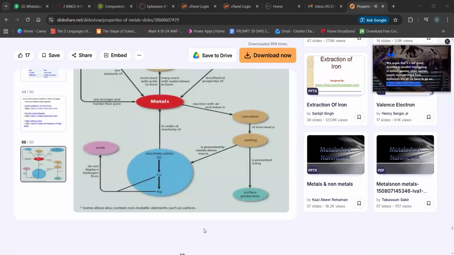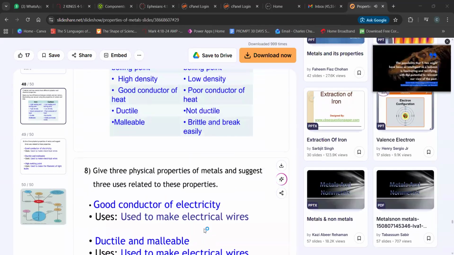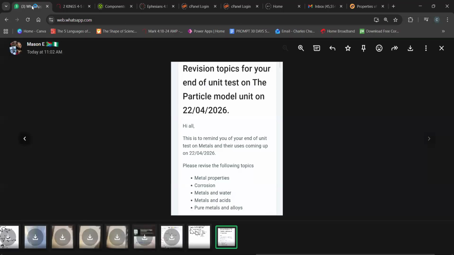This bit is just like an infograph. Let me see what we need to look at. Corrosion. We've looked at metals and water, right? Hello, Mason, are you there? Yes, uncle. We've looked at water, metals and acids, and somewhat also looked at pure metals and alloys.